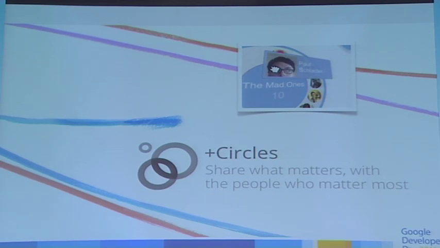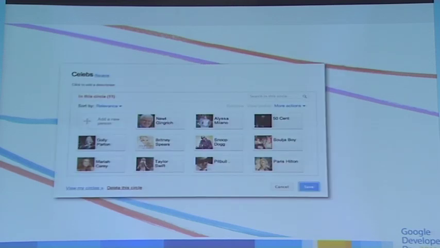So circles, as you know, it's all about controlling what you share and who you share it with. So if you saw the keynote earlier, Brad talked about how they let you shout as well as whisper. The idea is that if I want to talk about football, I'm quite happy to tell everybody I like football. However, if I want to talk about shopping or fashion, I'm not so sure I want everybody knowing about that.